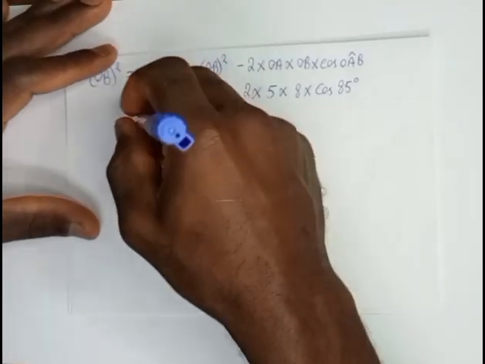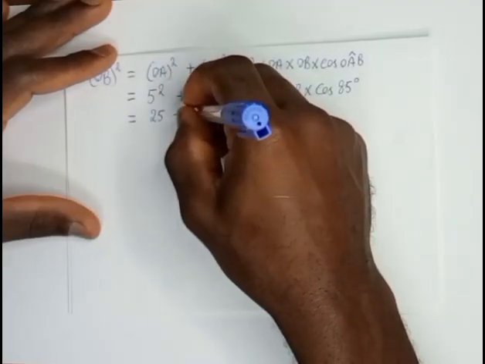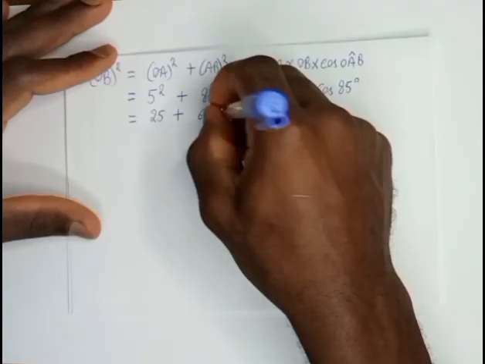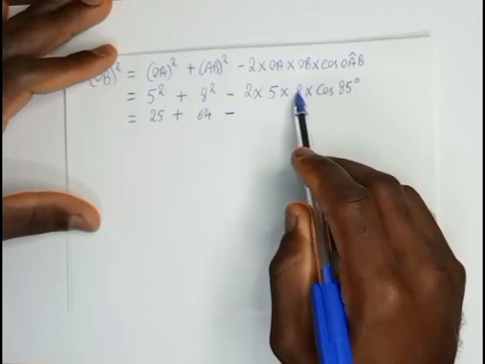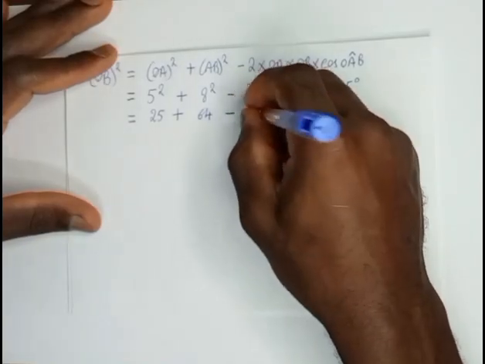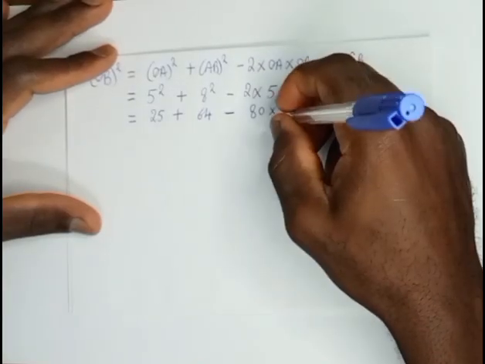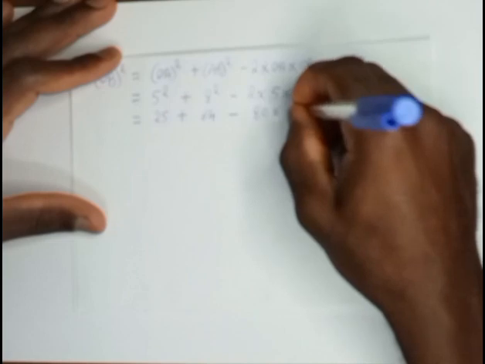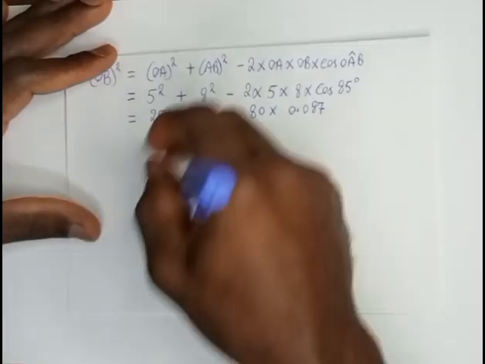So this will be equal to 5 squared, which is 25, plus 8 squared, which is 64, minus 2 times 5 gives us 10 times 8, which is 80, times the cos of 85 degrees, which is 0.087 to 3 decimal places.